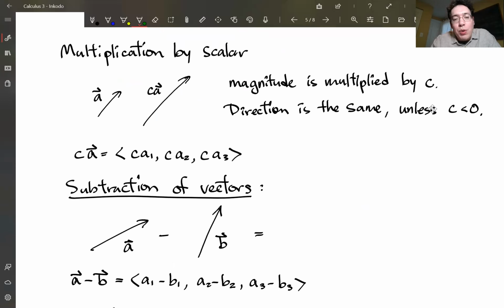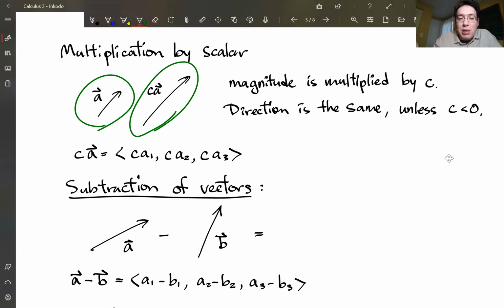Okay. We also want to be able to describe what it means to multiply a vector with a scalar. So if you had a vector A, and multiplied it by a constant, like maybe 2 or something, then we'll want to stretch that vector, pointing the exact same direction, except stretched by the factor constant c that's given there.